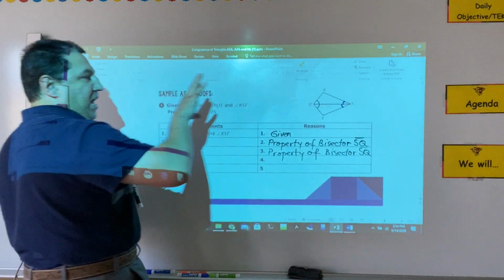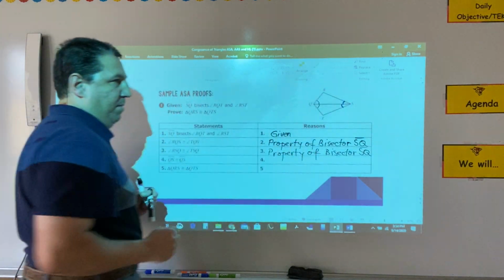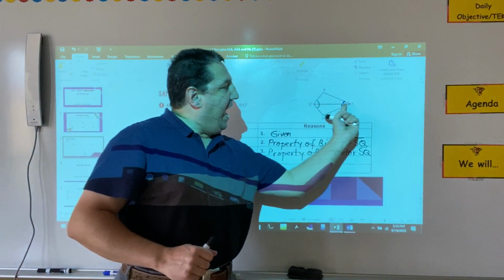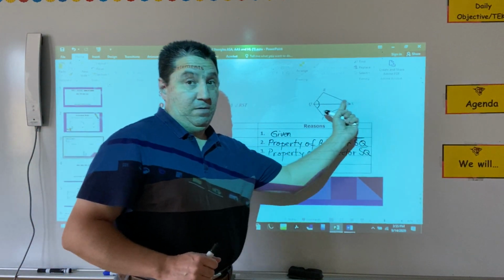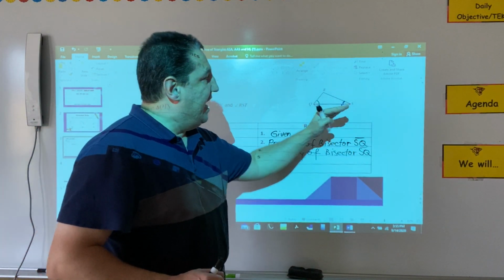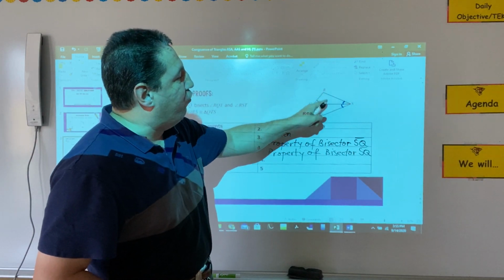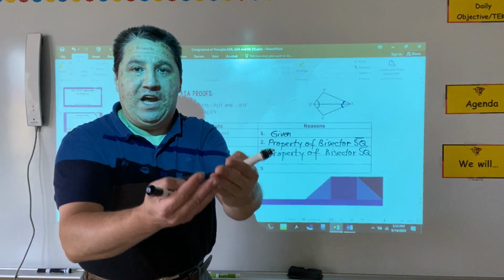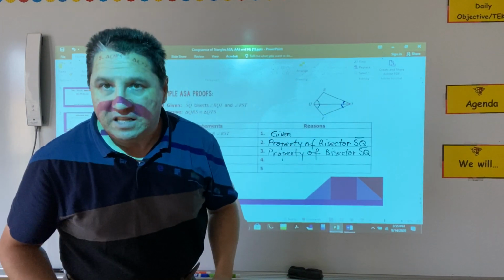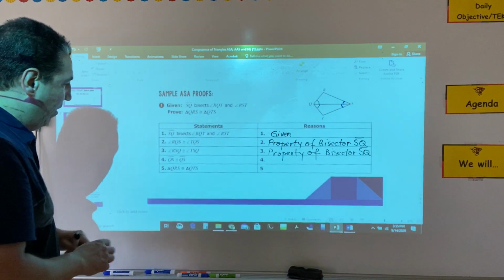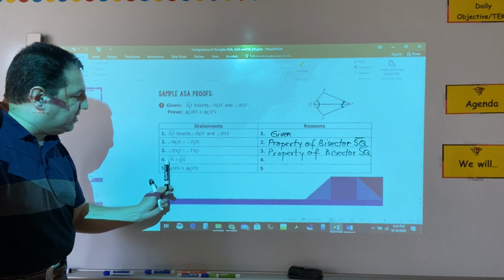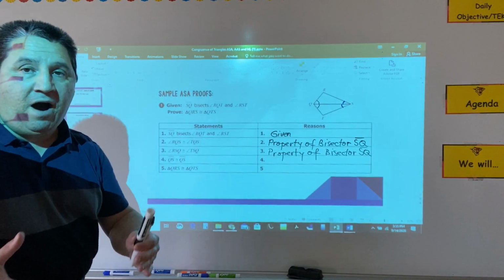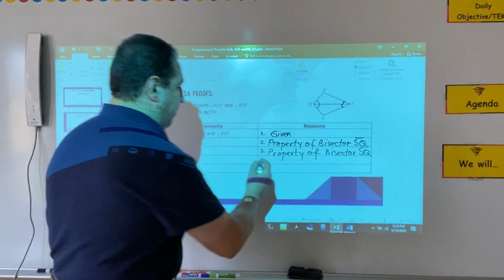If you look carefully at this diagram, we can see side QS is a common side for both triangles. QS is shared by both triangles, right? So we can say QS congruent QS by reflexive property.